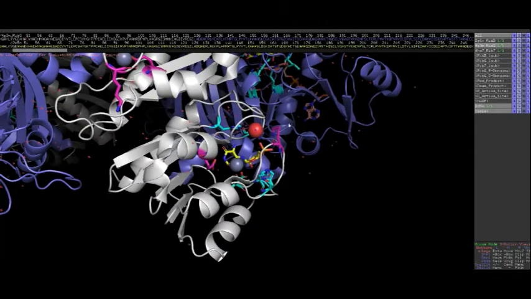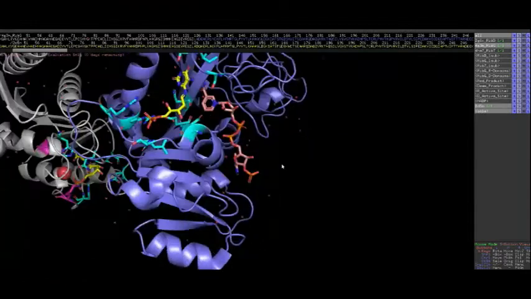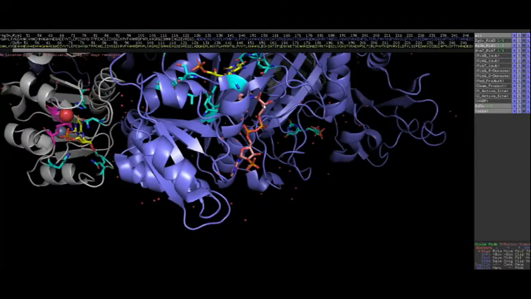And then we can move on over to our reduction step here.